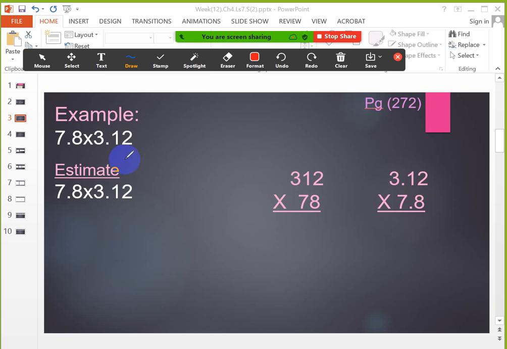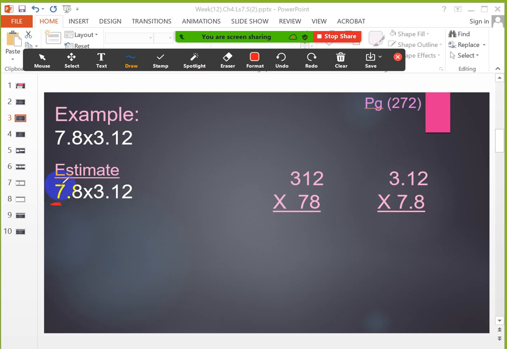So here I will round those numbers into the nearest whole. All the time when I want to round a decimal number into the nearest whole, I have to round the number into the nearest ones. That means this is the ones digit.